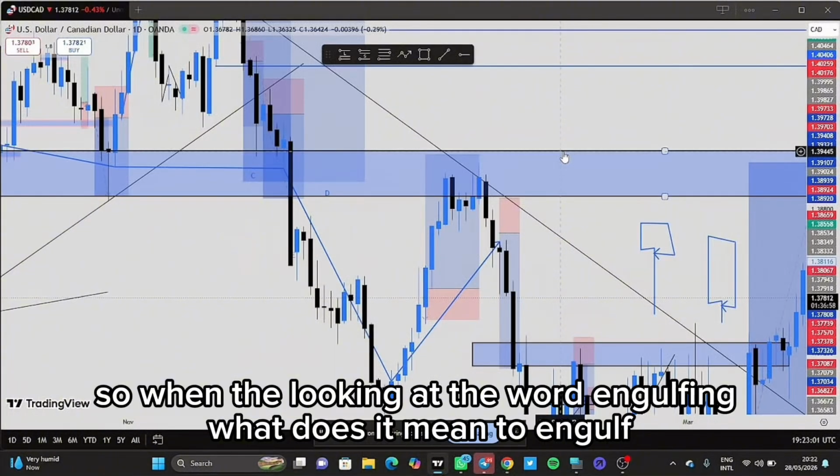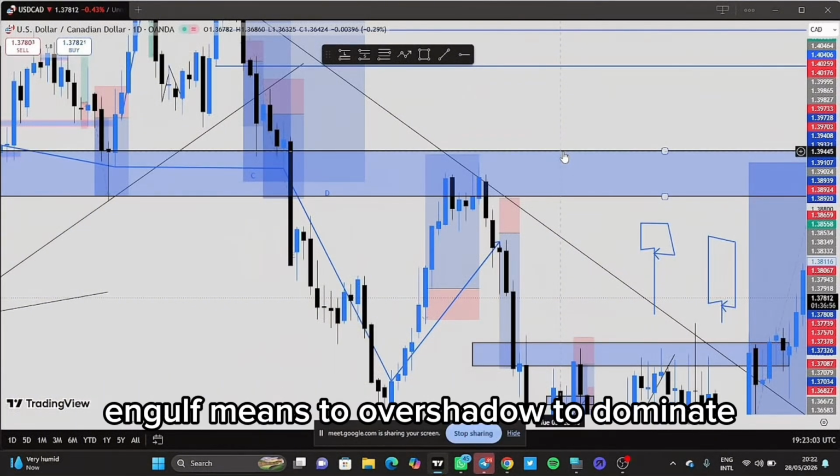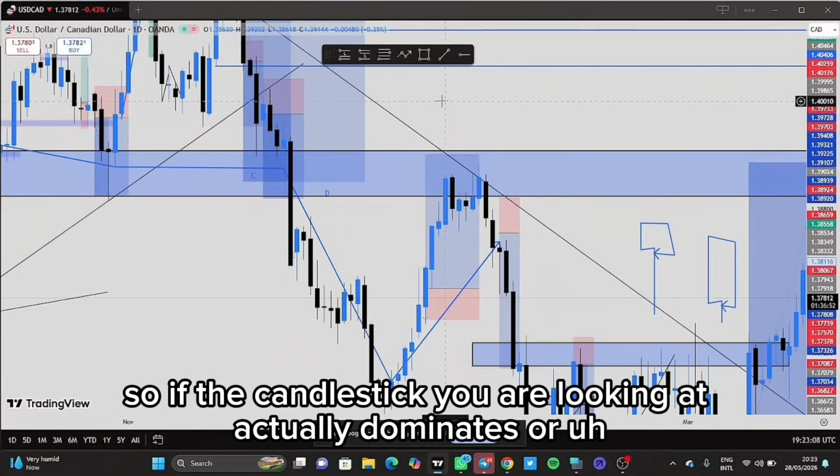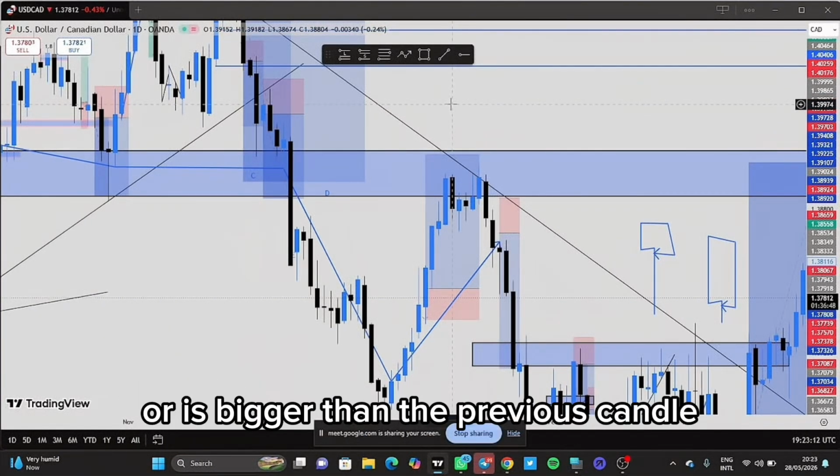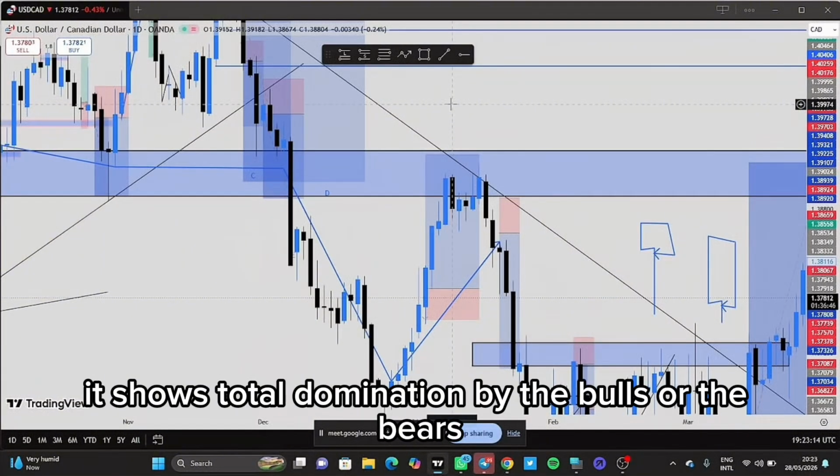So when looking at the word engulfing, what does it mean to engulf? Engulf means to overshadow, to dominate. So if the candlestick you are looking at actually dominates or is bigger than the previous candle, it shows total domination by the bulls or the bears.